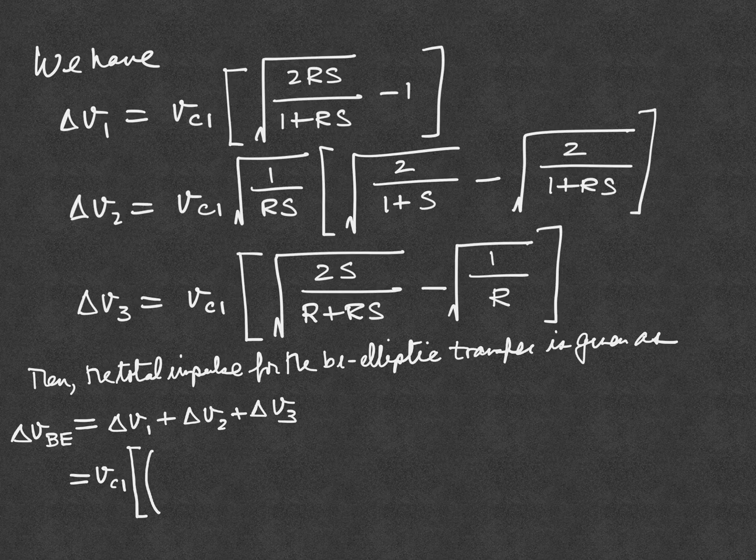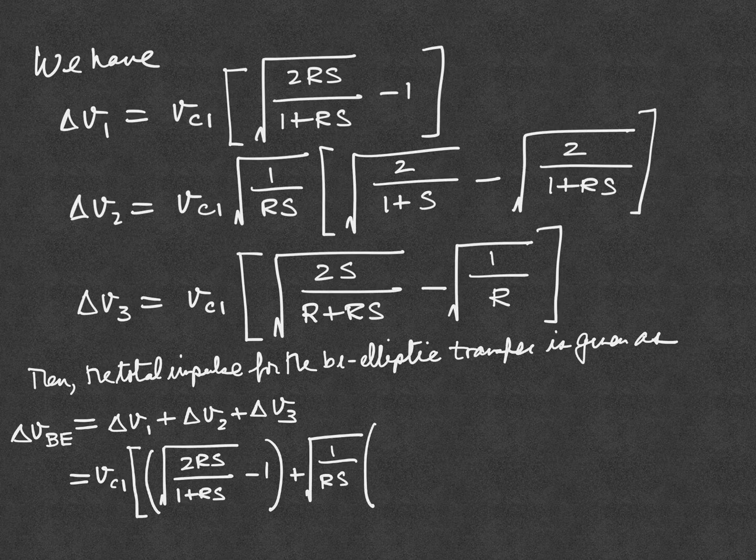I'm going to group these terms impulse by impulse. So I have the square root of 2RS all divided by 1 plus RS minus 1. The second group of terms is the square root of 1 over RS times the square root of 2 over 1 plus S minus the square root of 2 over 1 plus RS.